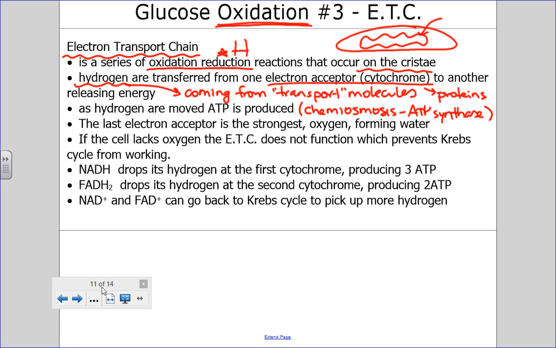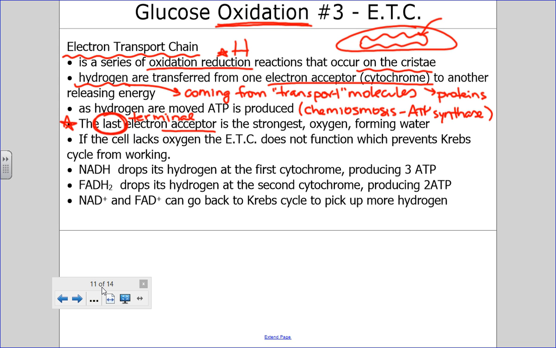So hydrogen are bouncing along from one protein to the next. The last acceptor, and this is a really key point because it's the last one. Another way that I could say last would be terminal. So the terminal or last electron acceptor is the strongest one.